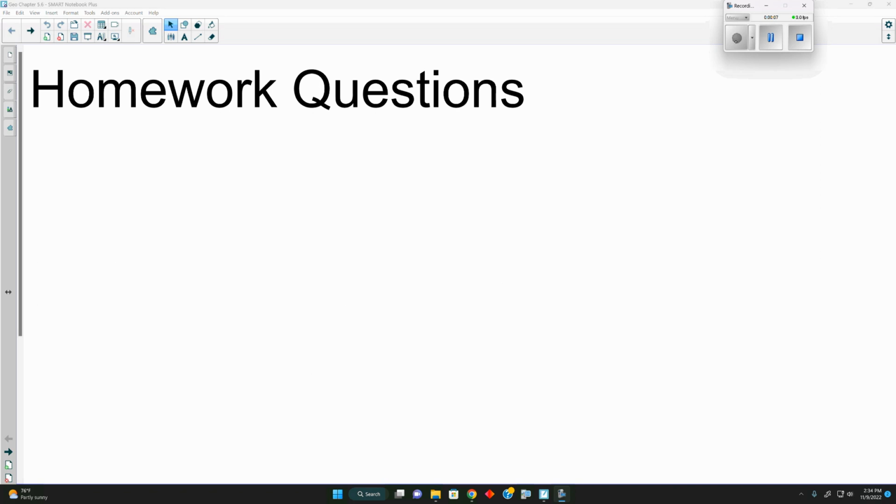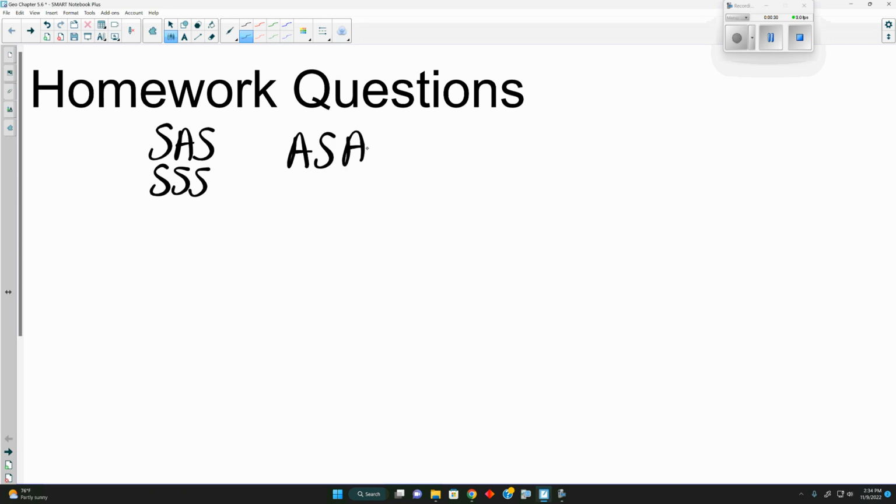Now, any questions over anything we've done so far today? Or anything so far? Now, we haven't listed this out yet, but there are several different congruency shortcuts. So far, the ones we've looked at are side, angle, side, and side, side, side. Now, there are different ones that we could have, because we could also have angle, side, angle.